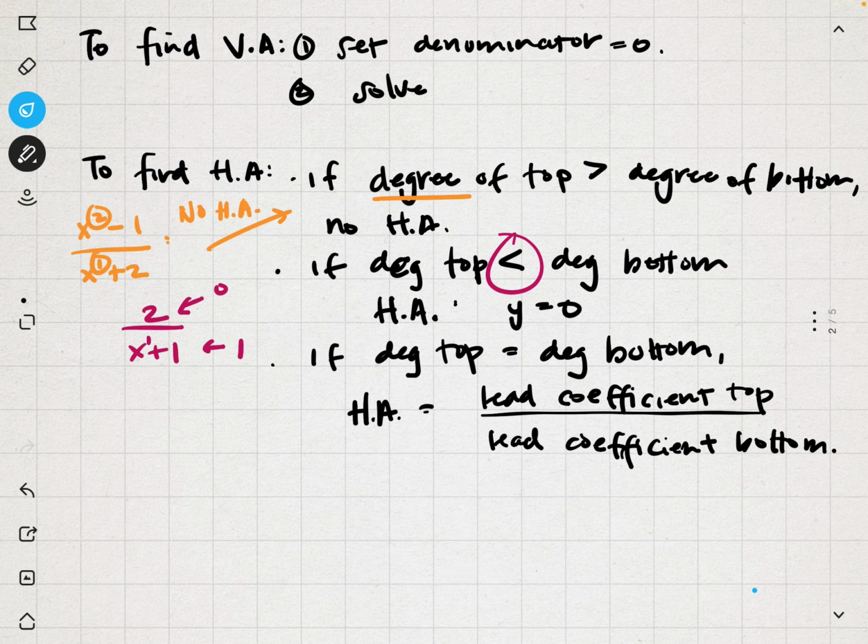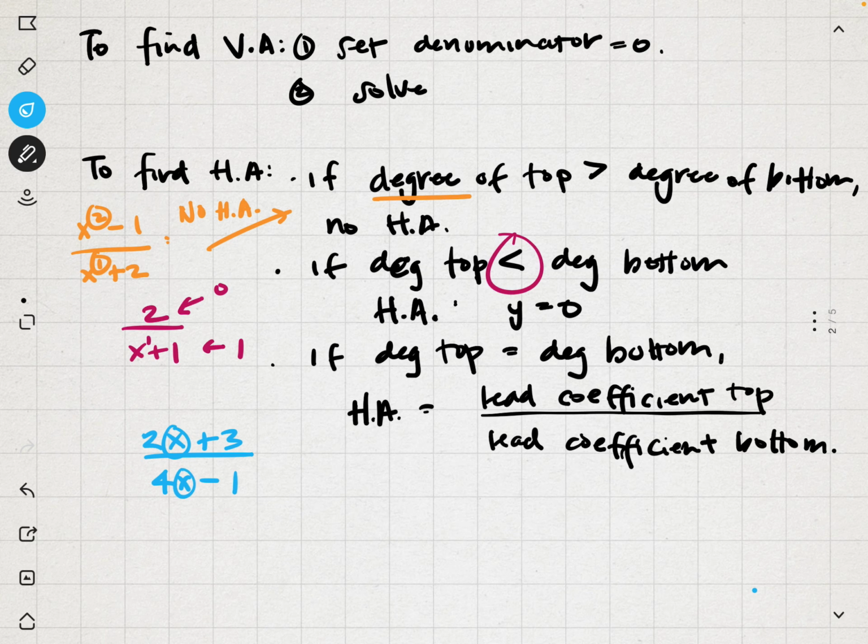Okay, and then on the next one, it says if the degree of the top is equal to the degree of the bottom, then the horizontal asymptote is the lead coefficient of the top over the lead coefficient of the bottom. So if we had something like 2x plus 3 over 4x minus 1, notice that our degree here is 1. Our degree here is 1 as well, so the top and bottom have the same degree.